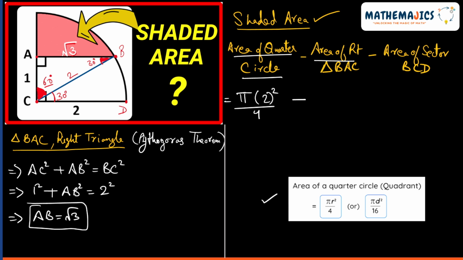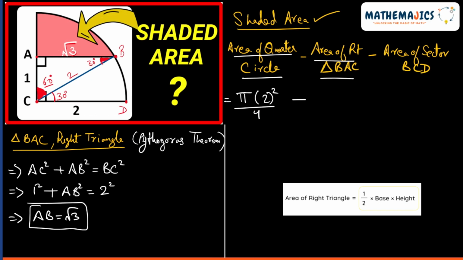Subtracting the area of a right triangle BAC. Let's see what is the area of right triangle BAC. Area of any right triangle is half times base times height. So half times base. Base in this case we can take it as 1 and height we can take it as root 3. Even if you interchange 1 and root 3, it will still give the same answer.